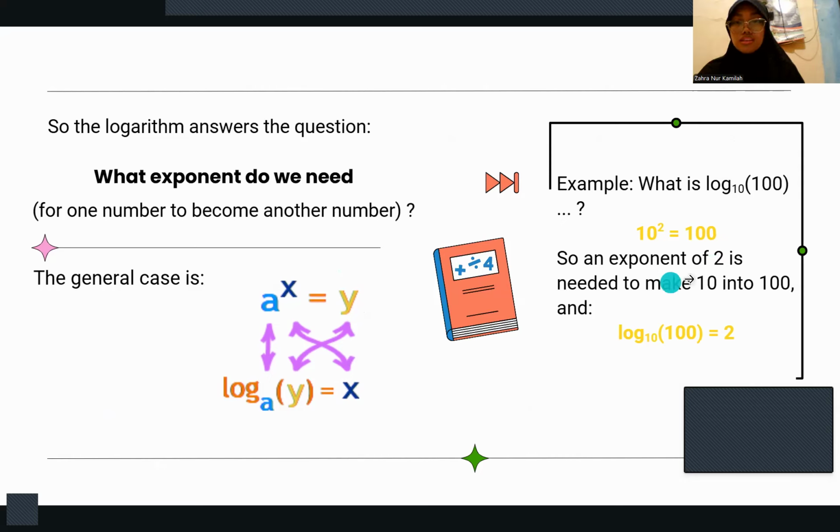So an exponent of 2 is needed to make 10 into 100, and the logarithm base 10 of 100 equals 2. So the exponent is 2.